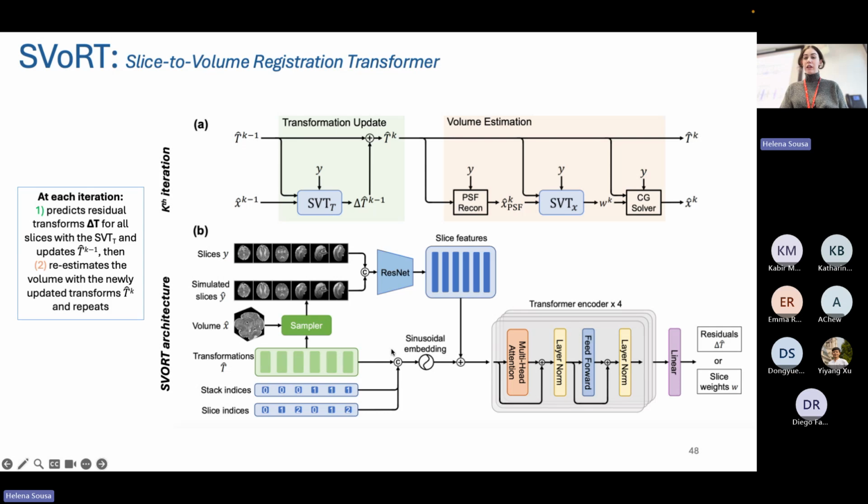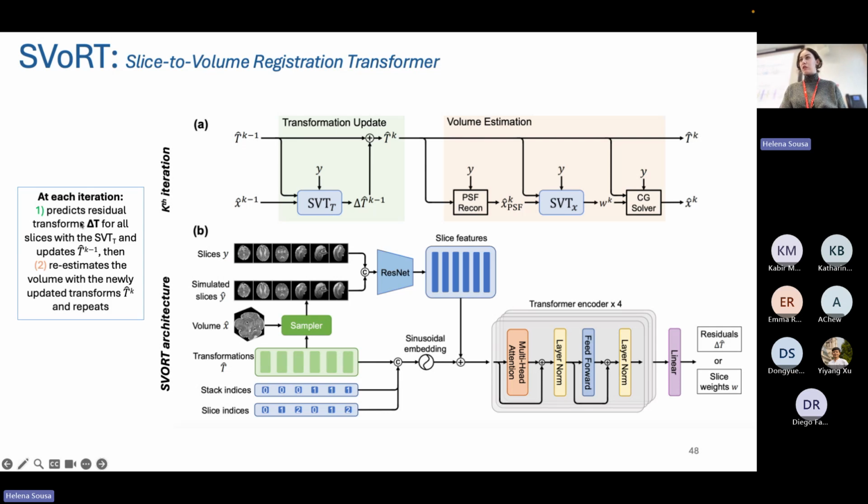So I'll now briefly describe how the SVoRT pipeline runs, and then we'll look into it with a bit more detail. SVoRT runs for k iterations, and at each iteration, it firstly predicts the residual transforms. So this is what we call the delta t for all of the slices that we have.